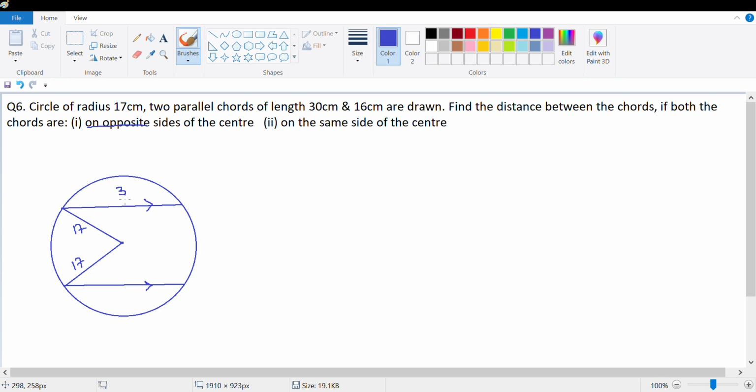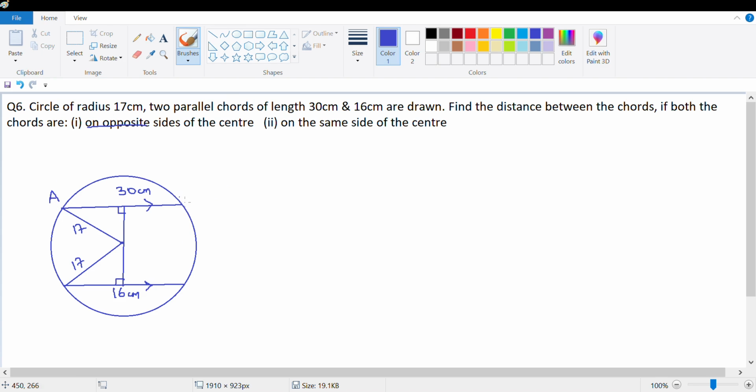So let this be of 30 centimeter, this is 16 centimeter. Find the distance between the chords, which means I will have to find the distance. Let's draw the perpendicular, which is basically the distance. Similarly, extend the line here. This is the distance here. Distance between a point and a line is the perpendicular between them.